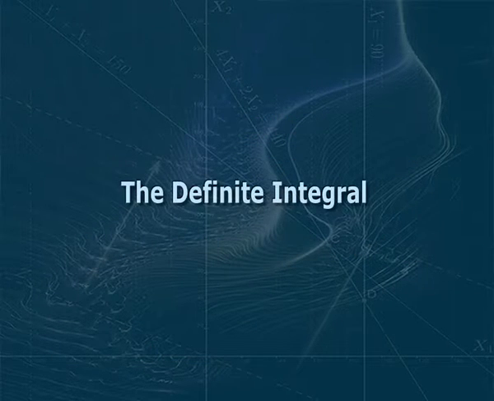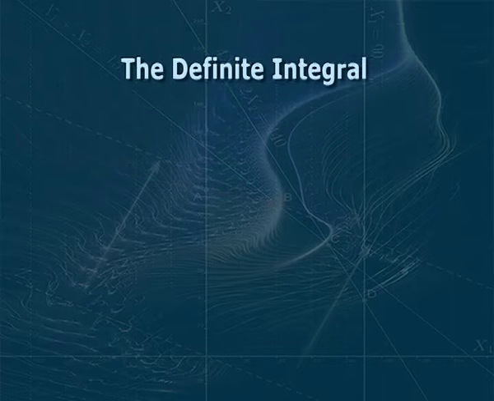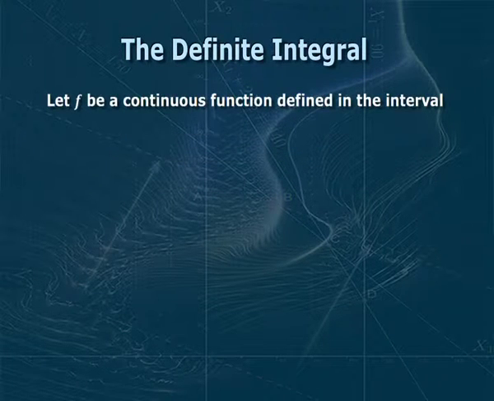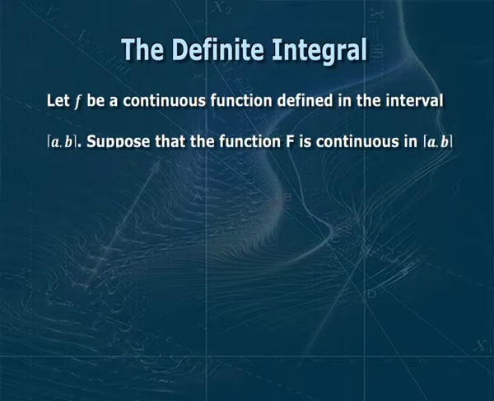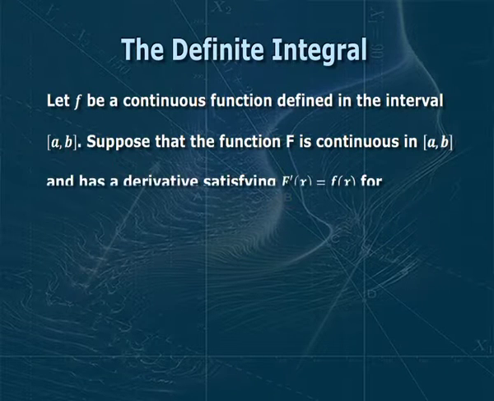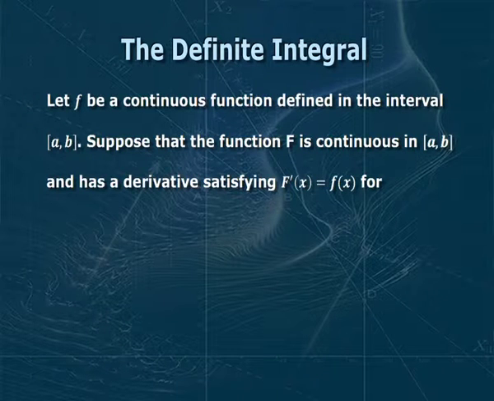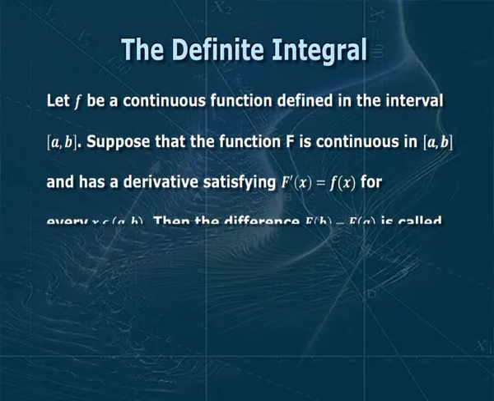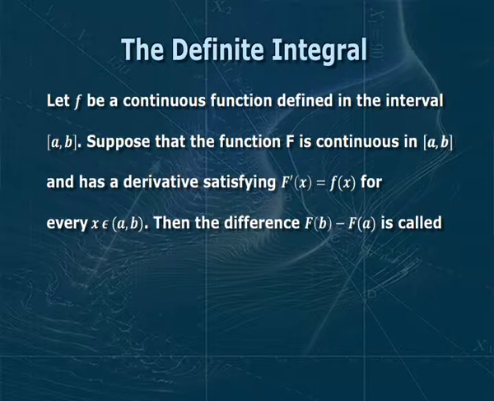Now friends, let us have a look at the definite integral. Let f be a continuous function defined in the interval a, b. Suppose that the function F is continuous in a, b and has a derivative satisfying F dash x is equal to small f x for every x belonging to a, b.